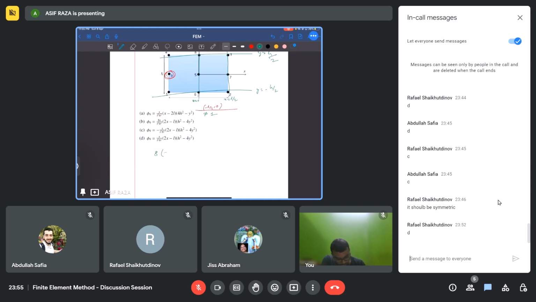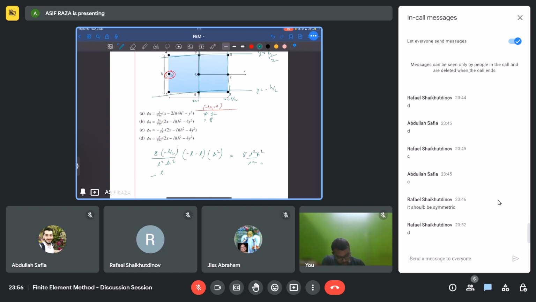This one: minus L by 2 L square h square minus L by 2 will give me minus L, and this is h square. So this is minus 2L, and this 2 gets cancelled out. It gave me L square h square, L square h square. This is equal to 8. Then same thing, minus L by 2.